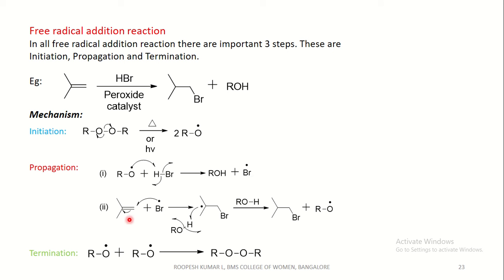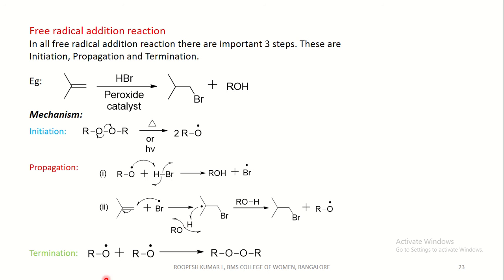And in the second step, this bromide free radical attacks this isobutylene to form a secondary butyl bromide, that is, a free radical is formed here at the tertiary position, and this reacts with the alcohol, that is, this bond breaks here with the formation of an alkoxide free radical and a hydrogen radical to form a secondary butyl bromide and an alkoxide free radical.